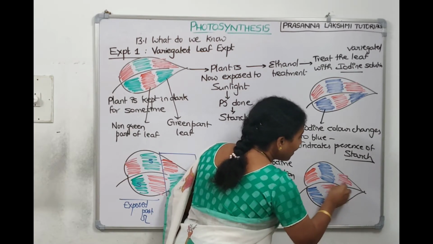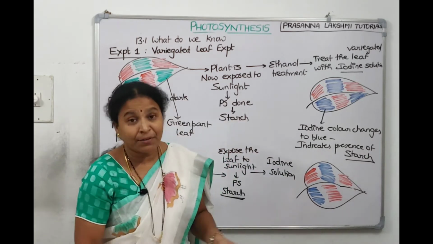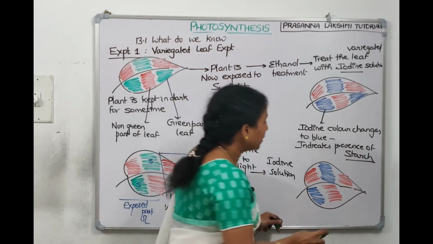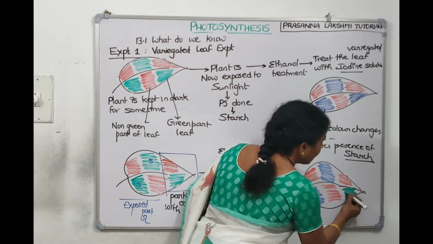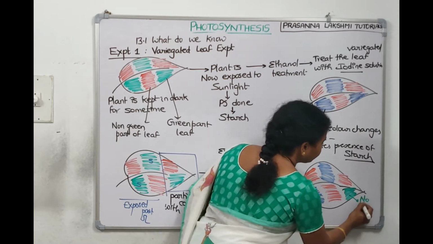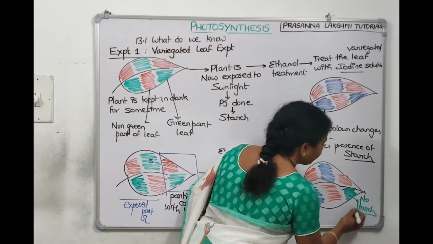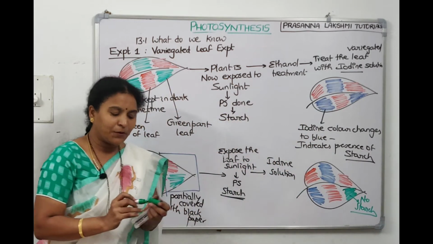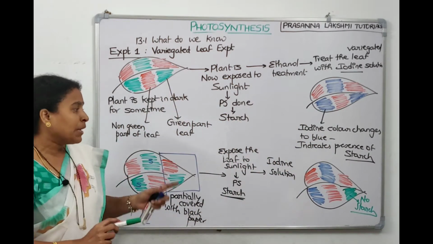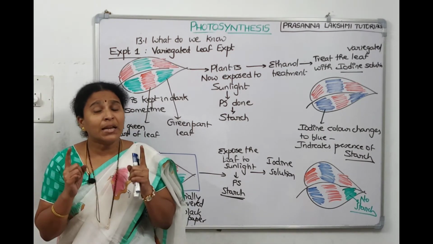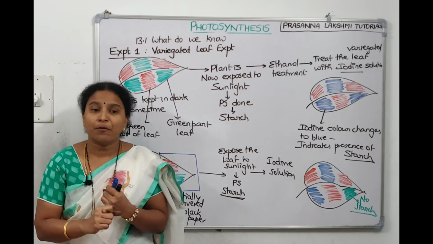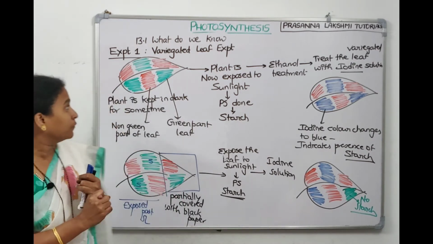And even though we have green here, since we covered it, this green area was not exposed to sunlight. It did not accumulate starch. No starch. So this is the significance of the variegated leaf experiment. Such a simple experiment. What is the inference of the simple experiment? Only green parts of the plant will perform photosynthesis in the presence of light.